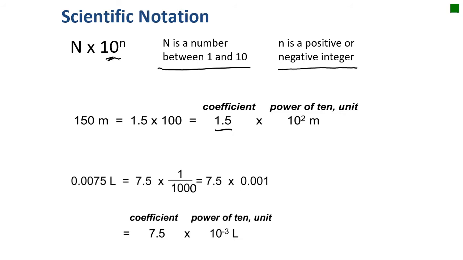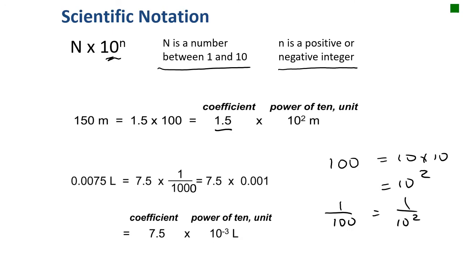So for the example, if we had 100, 100 is the same as 10 times 10, that's 2 tens, and we'd call that 10 squared. If we have 1 over 100, we have 1 over 10 squared, and we write this as 10 to the minus 2, giving a positive exponent for a large number and a negative exponent for a small number.